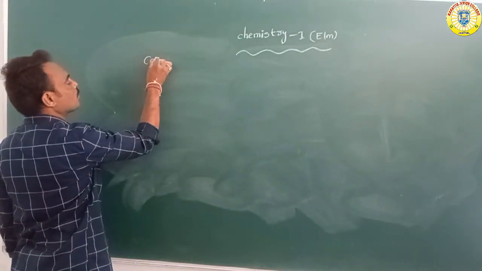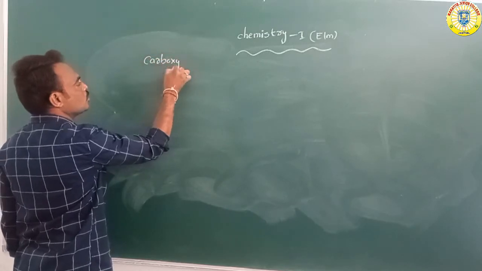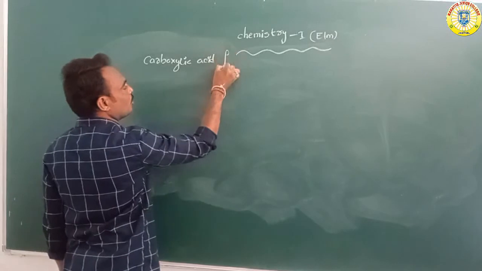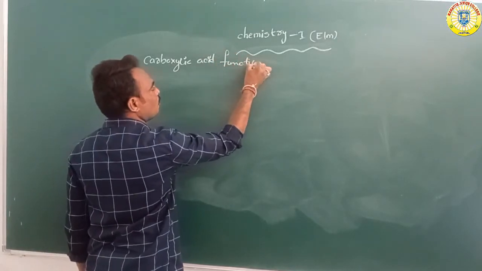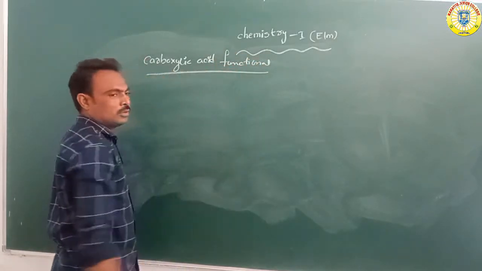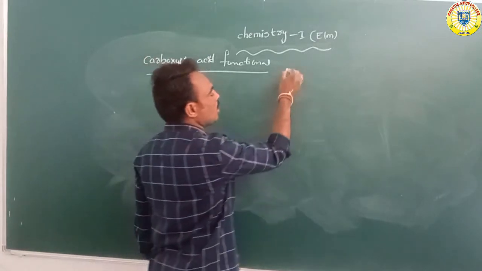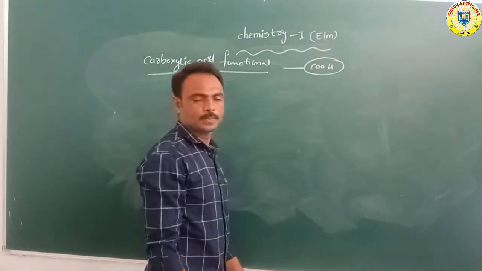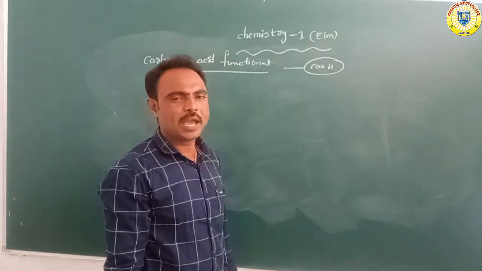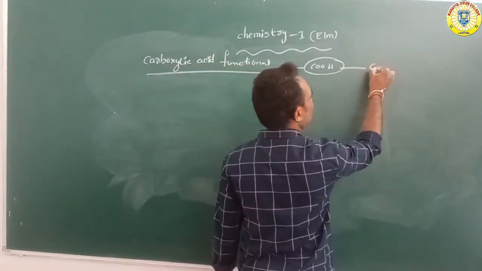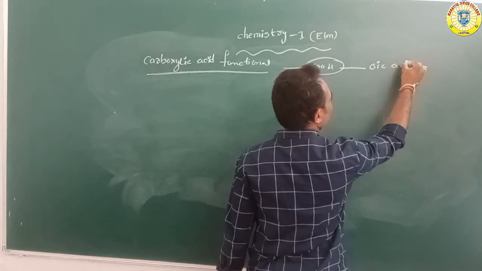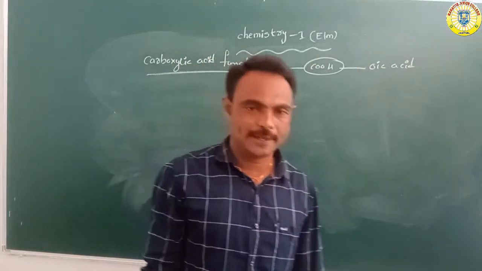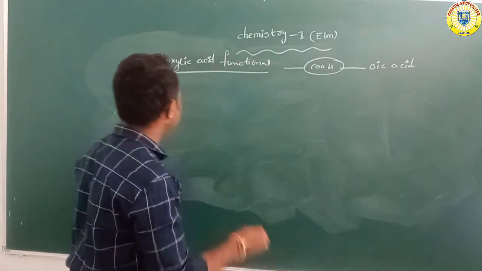The carboxylic acid function group is COOH. What is the IUPAC suffix? Oic acid. Okay, oic acid.